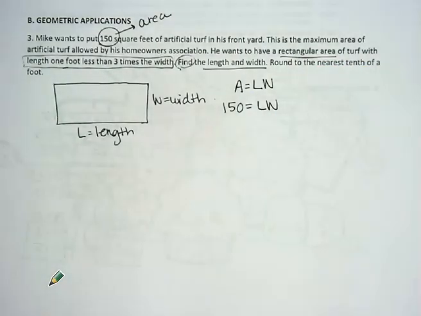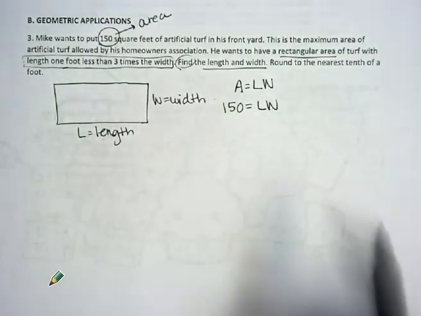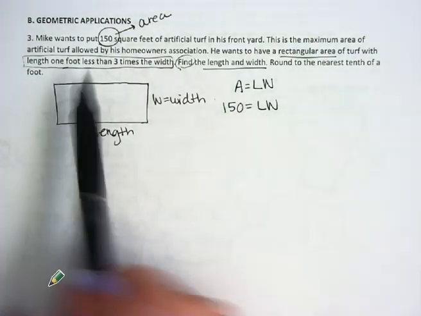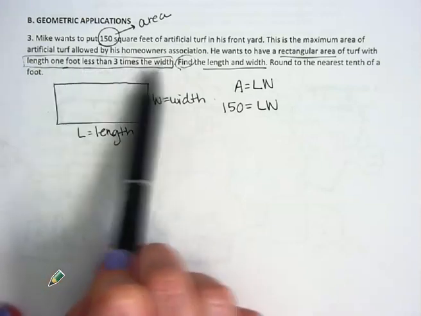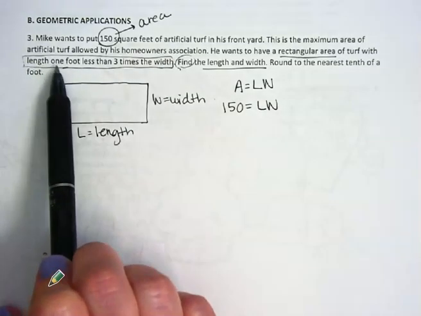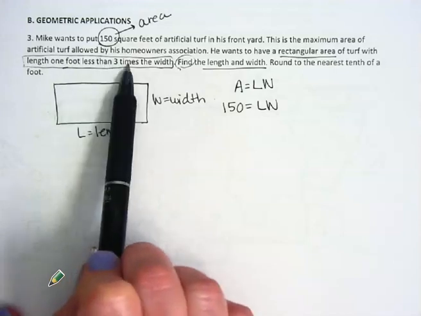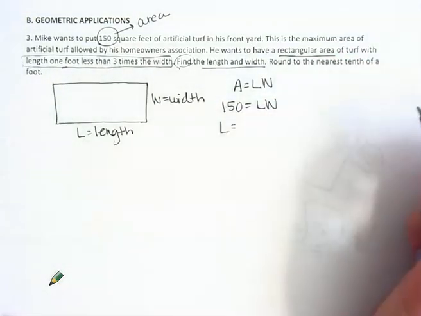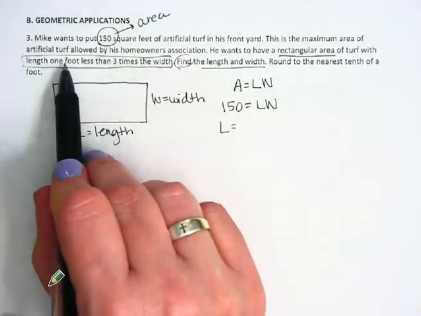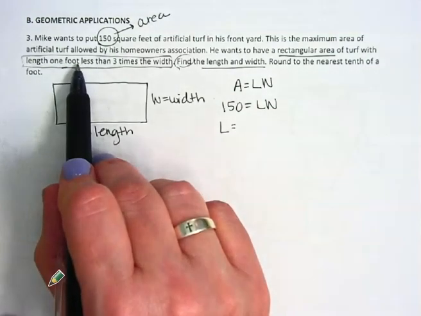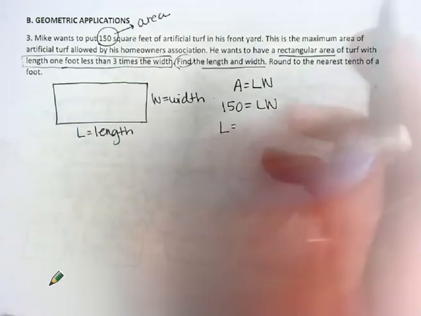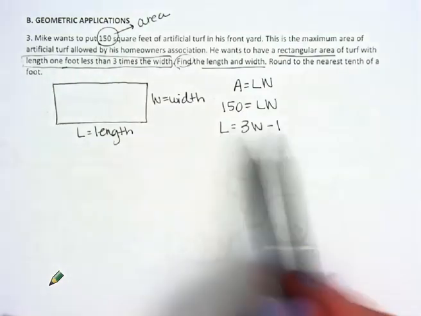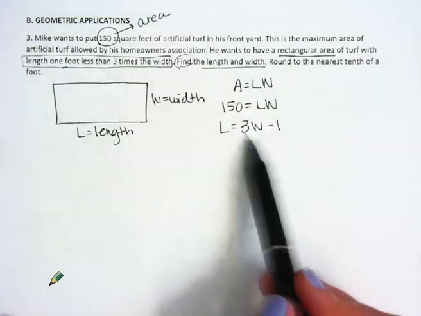Now I'm kind of stuck here just like I was in the last problem, that with two variables I need two equations. So my second equation is going to come from this phrase right here. The length is 1 foot less than 3 times the width. So the length is 1 foot less than, that means I'm going to subtract 1 from 3 times the width, and the width was W. So the length is equal to 1 less than 3 times the width.